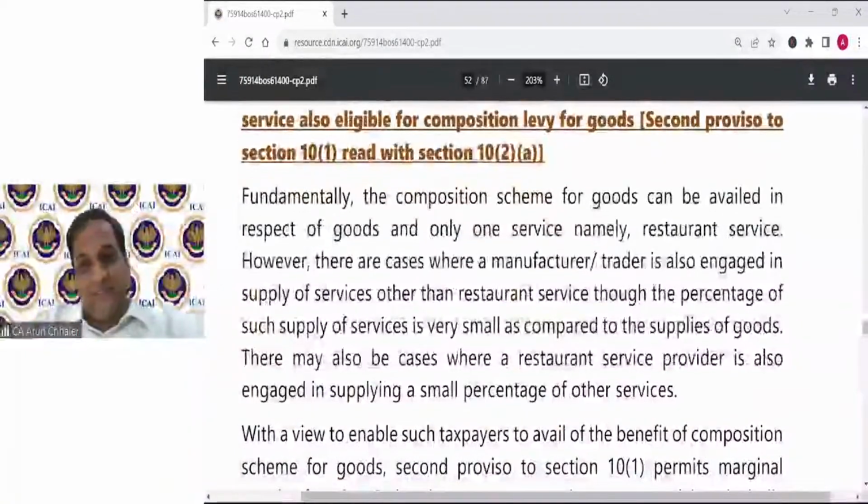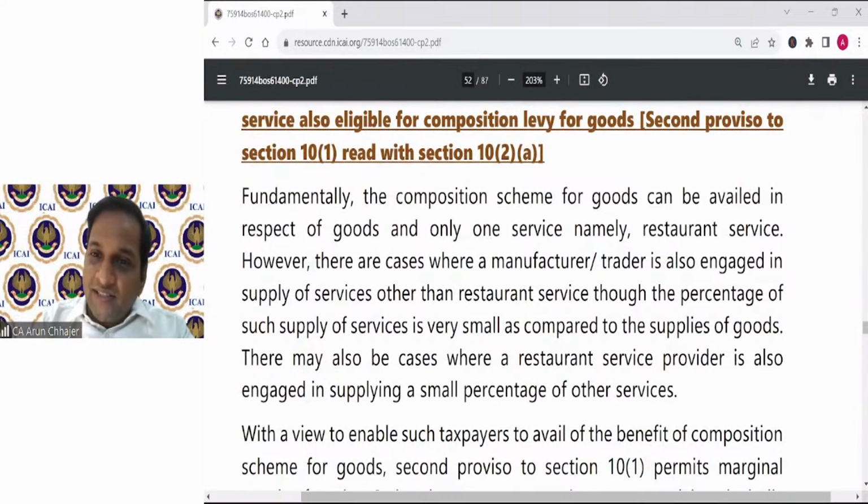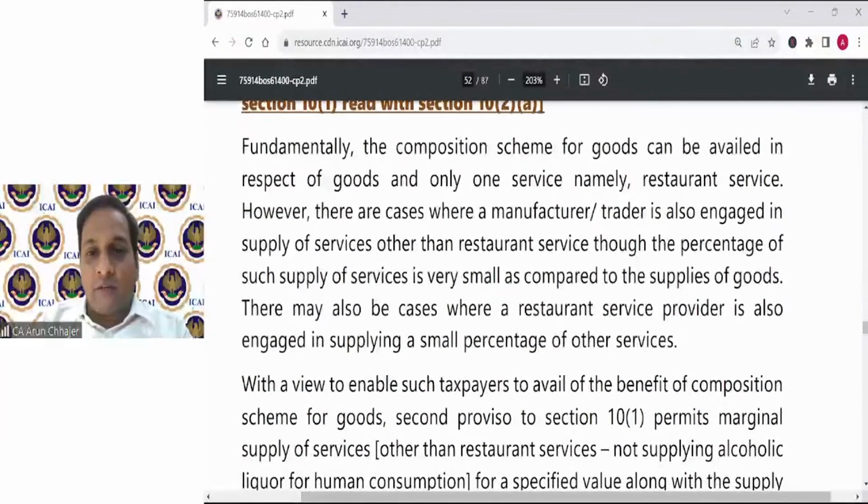Let's read. Very interesting discussion. Fundamentally, the composition scheme for goods can be availed in respect of goods and only one service, that is restaurant. However, there are cases where the manufacturer or trader is also engaged in services other than restaurant, though the percentage is very small as compared to the main supply of goods.